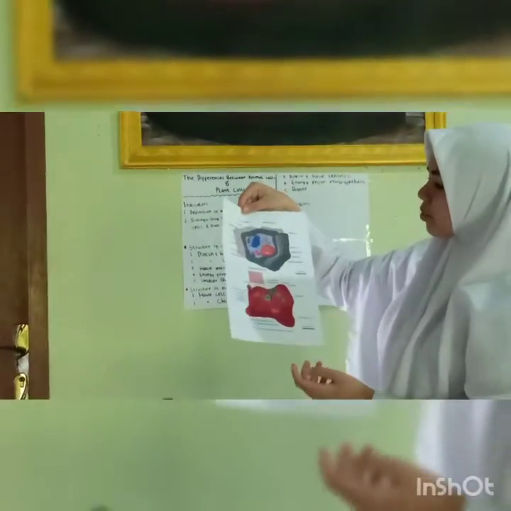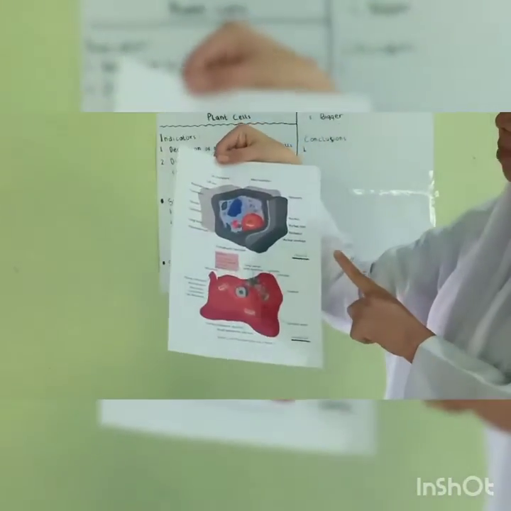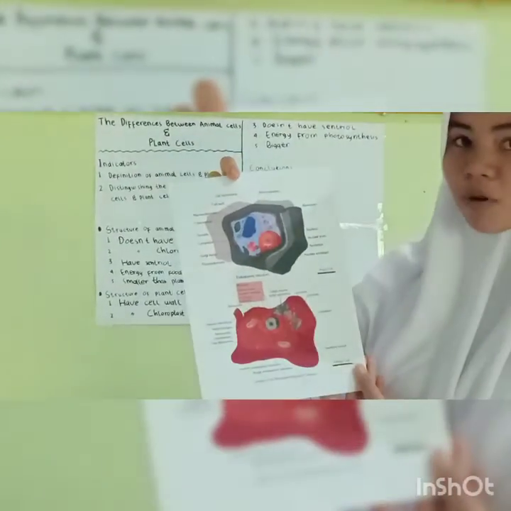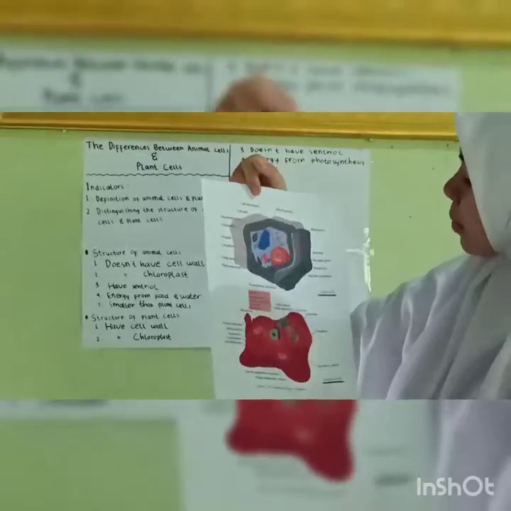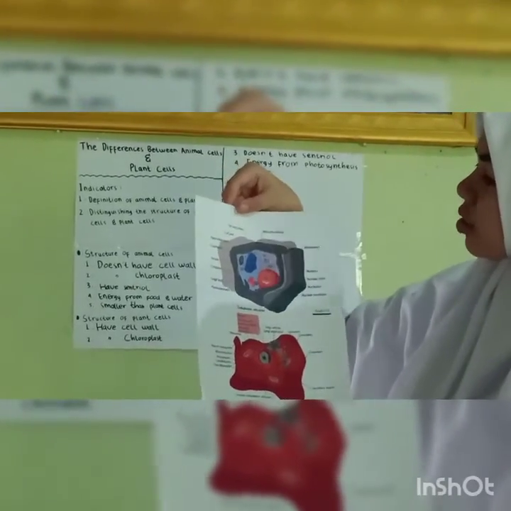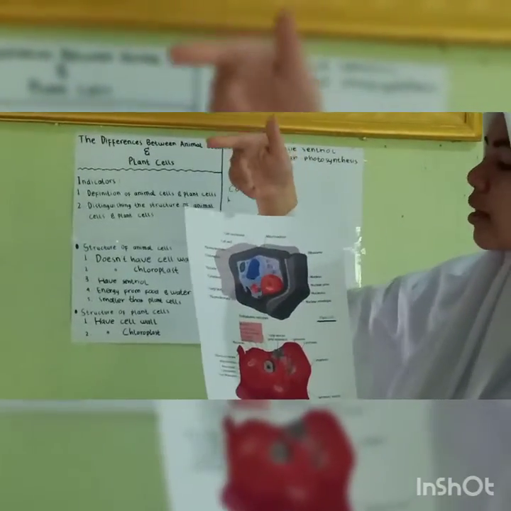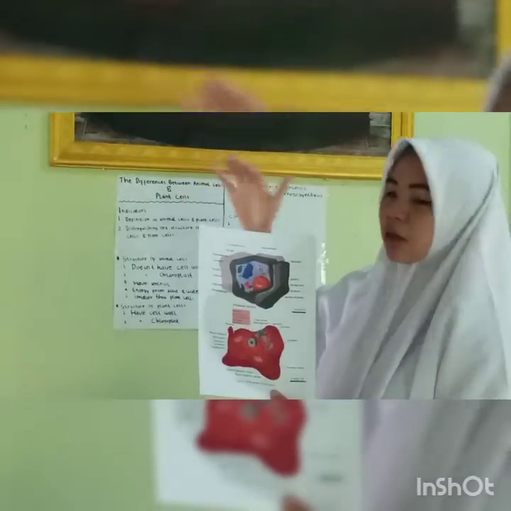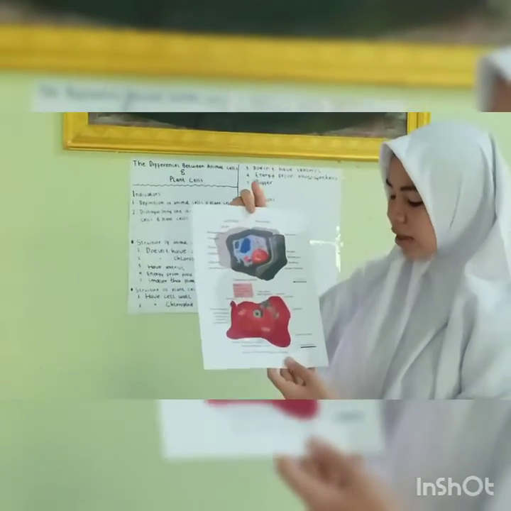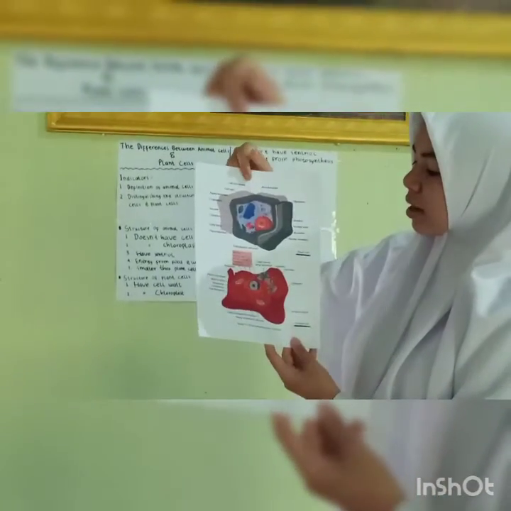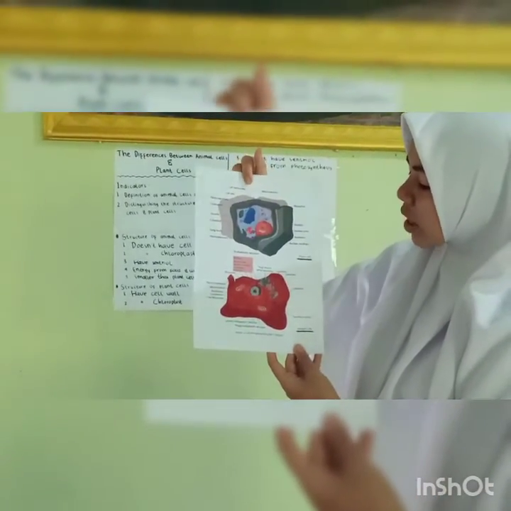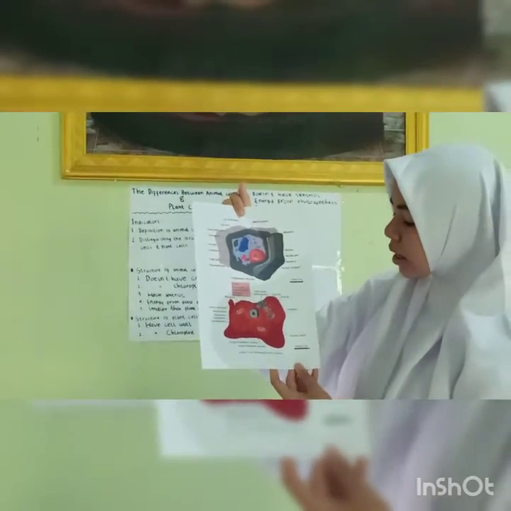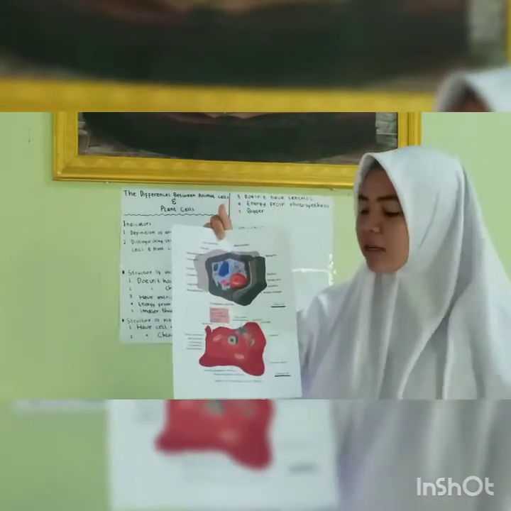So this is for the first picture, plant cells, and the second picture is animal cell. You can see in plant cells the structure is there are cell membrane, cell wall, mitochondria, of course plasmodesmata, chloroplast, and others. You can see in your book. And then for the animal cells there are ribosome, plasma membrane, Golgi, vesicles, cytoplasm, centrioles, and others.